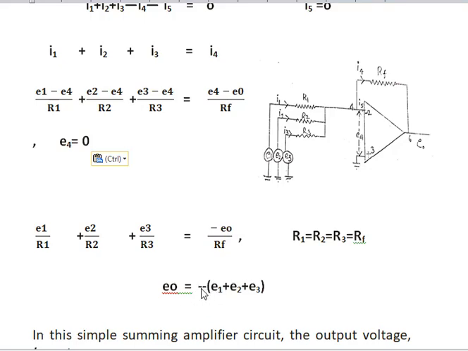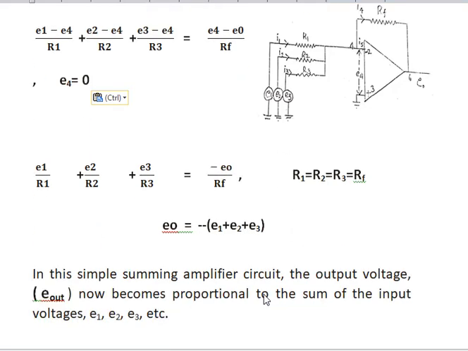The output is reversed because the input voltages are applied at the inverting input. The negative sign comes here. So the output of the summing amplifier, E output, is equal to the sum of the input EMFs E1 plus E2 plus E3.